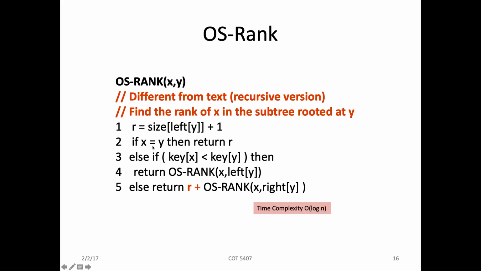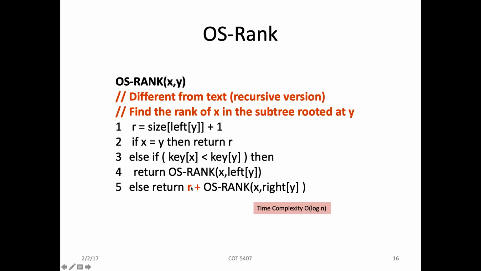Then we're saying if X is equal to Y, then what you're looking for is the rank of the root of the tree. So all you have to do is to print out R. Otherwise, you're going to check if the value you're looking for is smaller than the value stored in the root. In that case, you have to figure out its rank in the left subtree. Otherwise, you figure out its rank in the right subtree, but then you have to add R to it.